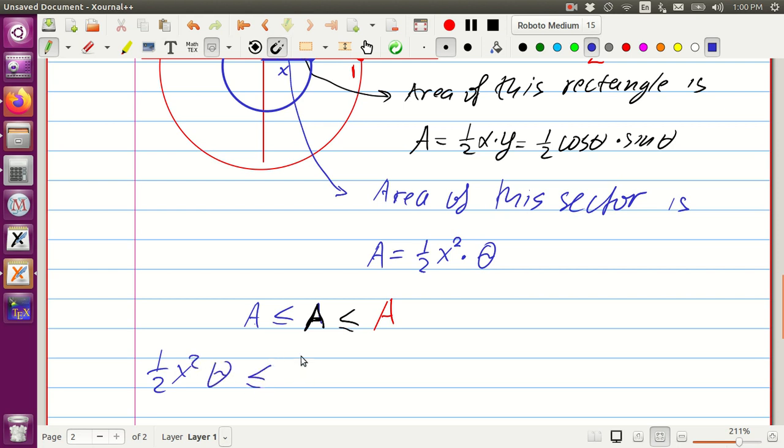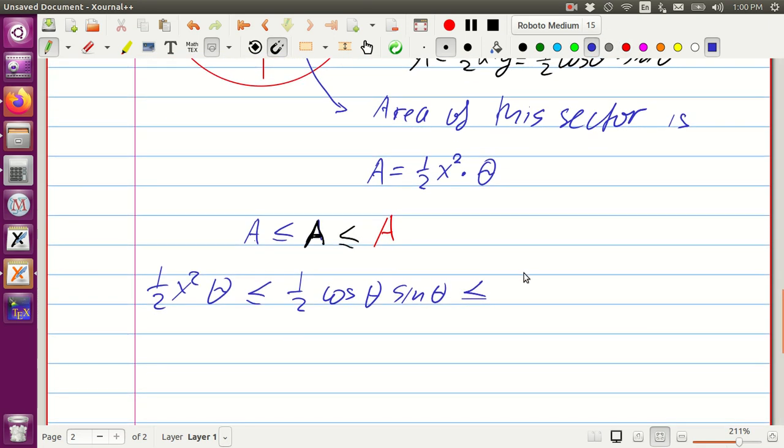The area in black is 1/2 cosine of theta sine of theta, and the area in red is 1/2 of theta.